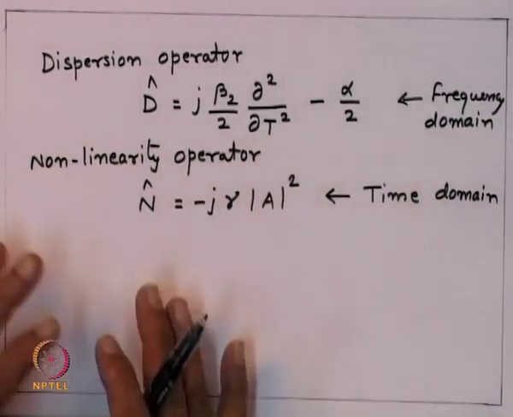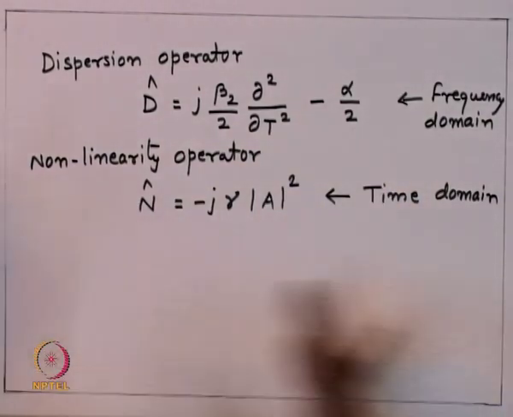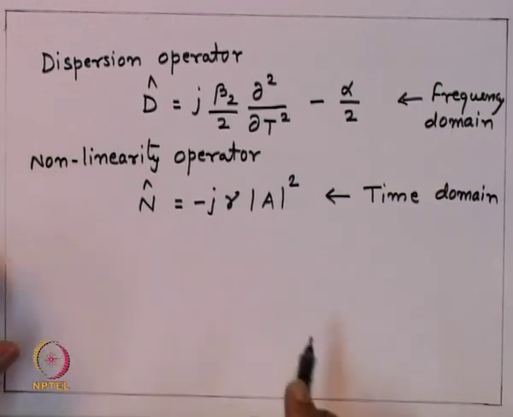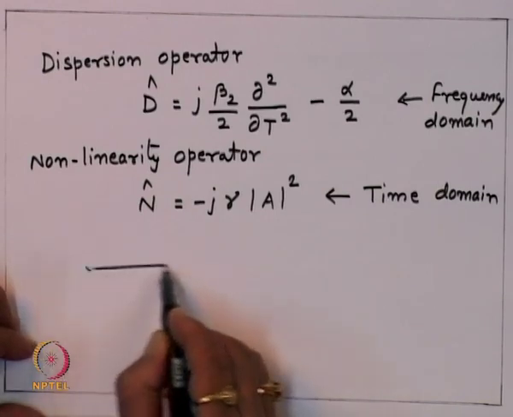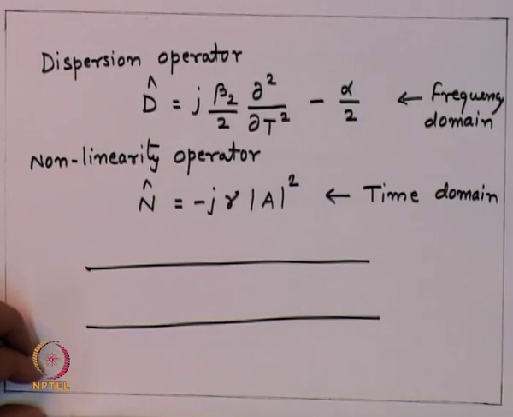Now the evolution of the pulse can be studied by using what is called the split-step Fourier method. Here we have a medium on which we want to study the pulse evolution.